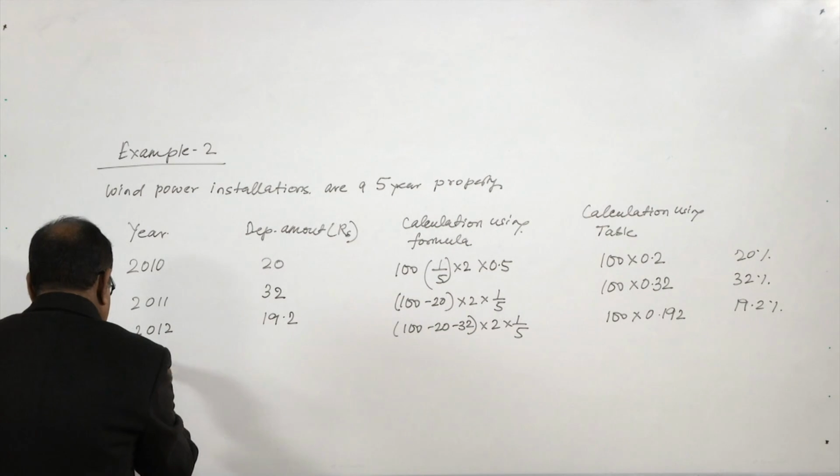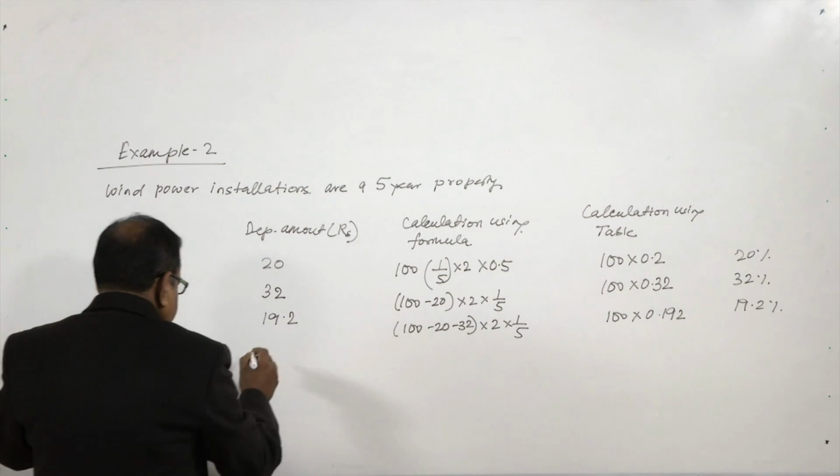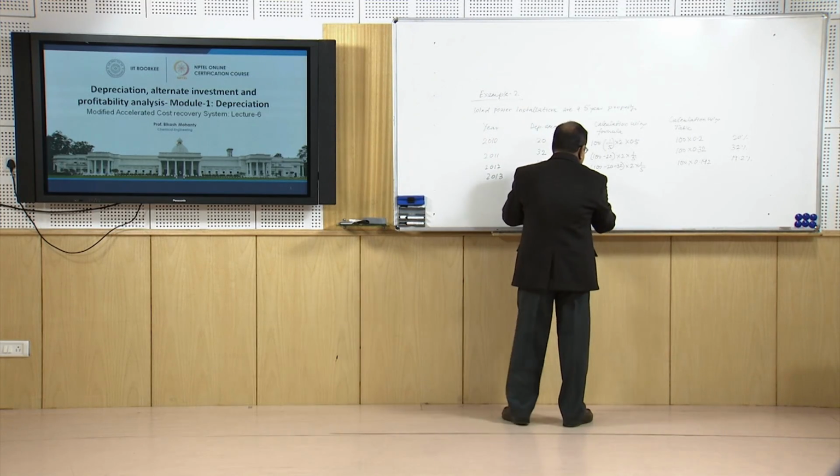Now, in 2013, this is 11.52. How do we arrive at 11.52?